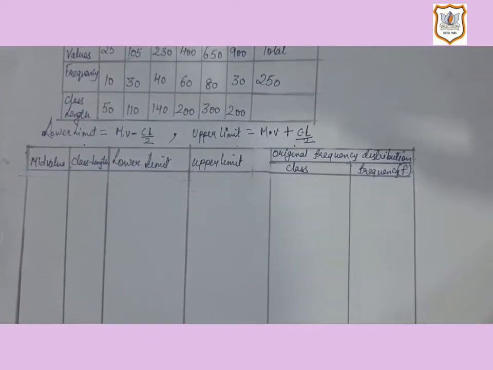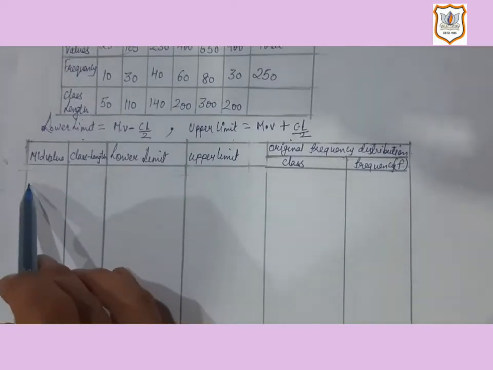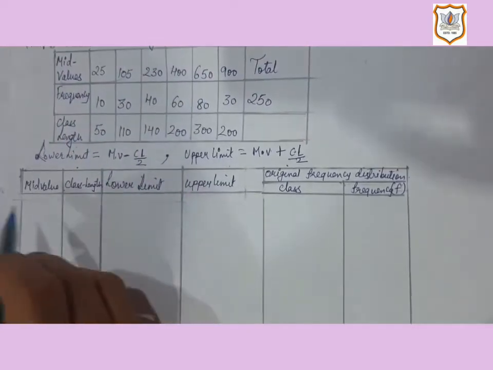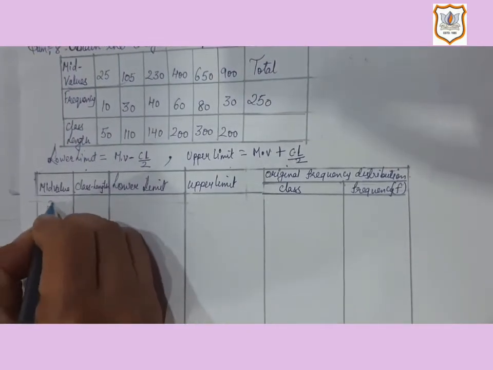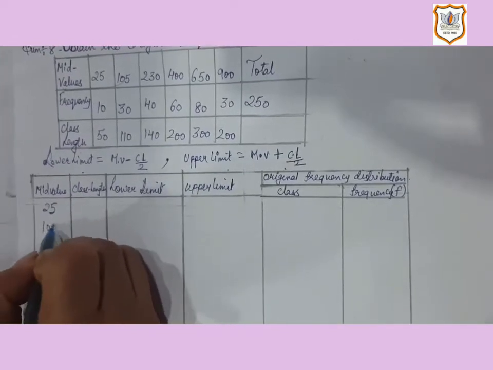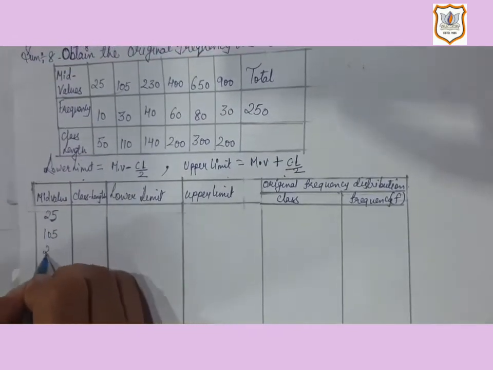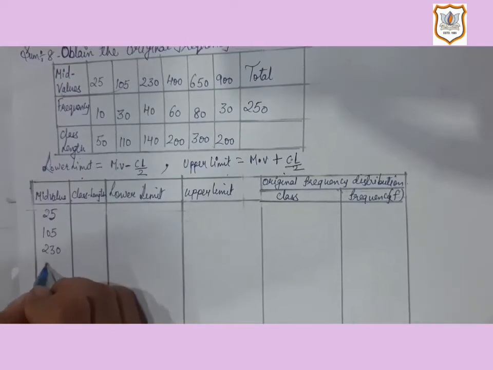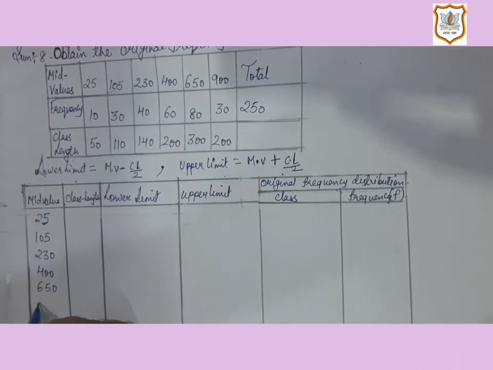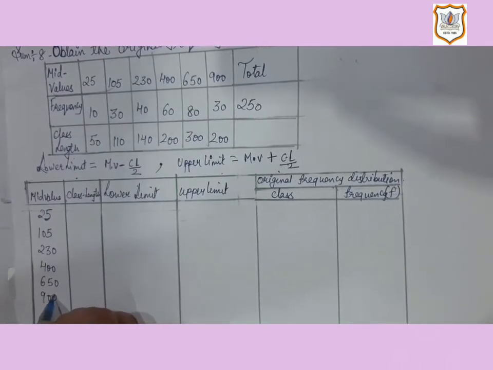Now let's solve the sum and be more clear about it. First let's write down the mid values as per the question: 25, then 105, then 230, then 400, then 650, and then 900.